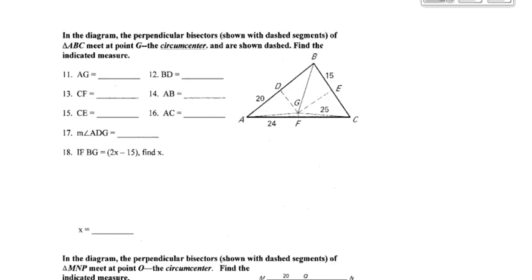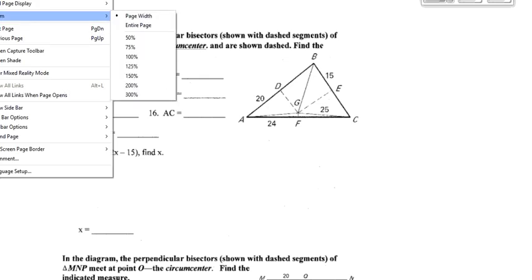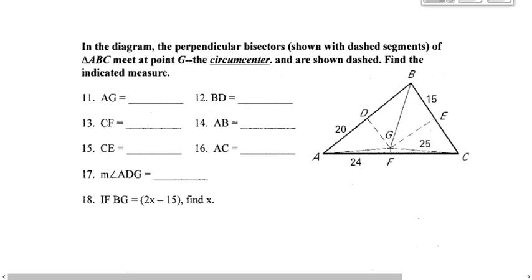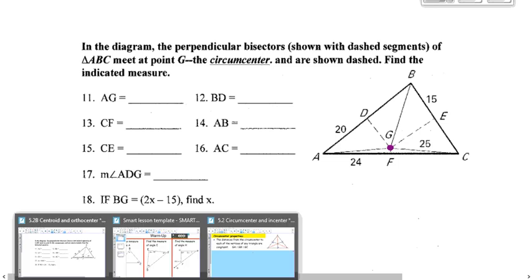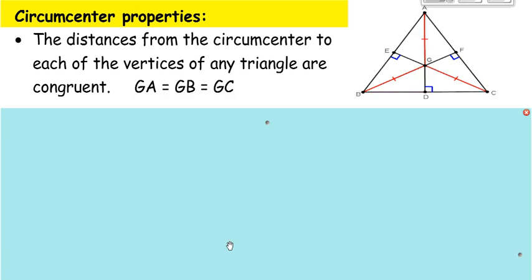This is what you're going to have to do to complete this at home. Let me blow this up a little bit so we can see it better. It says that point G, this point right here, is the circumcenter. So you're going to have to go back in your notes and figure out the properties of the circumcenter.